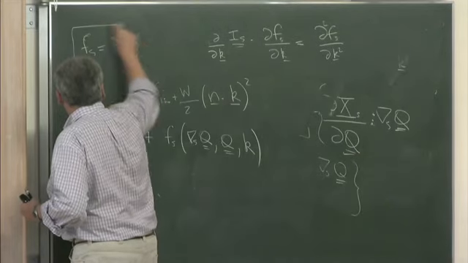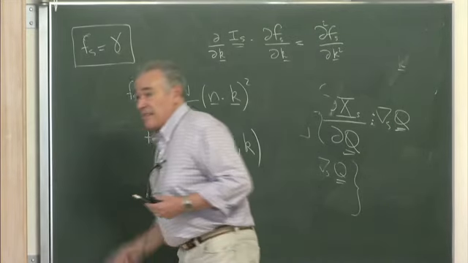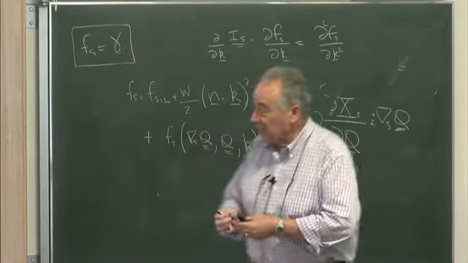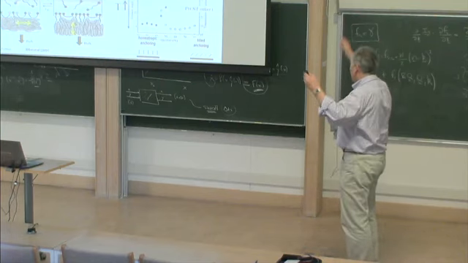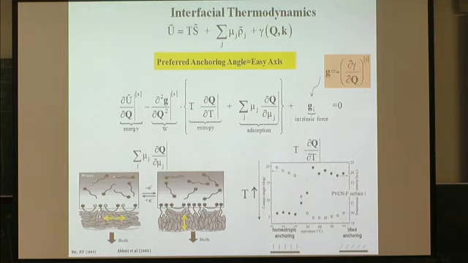I just call it gamma. Fs, what I had before as Fs, I call it gamma. I'm putting different papers together. The whole point is that this gamma is a function of at least the Q tensor and the unit normal through anchoring. So you take the derivative of the surface Euler equation with respect to Q.